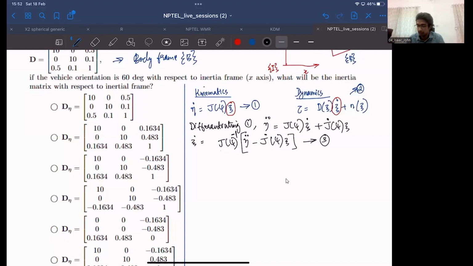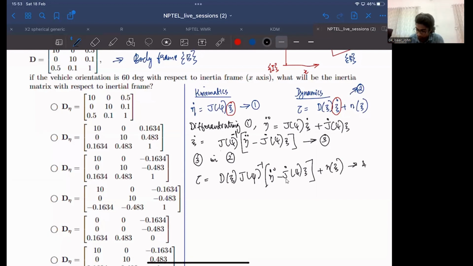I am straightforwardly substituting equation 3 into the dynamics equation. So equation 3 in equation 2 would give you tau equals D of psi, J of psi inverse, times eta double dot minus J dot of psi zeta, plus N of zeta.